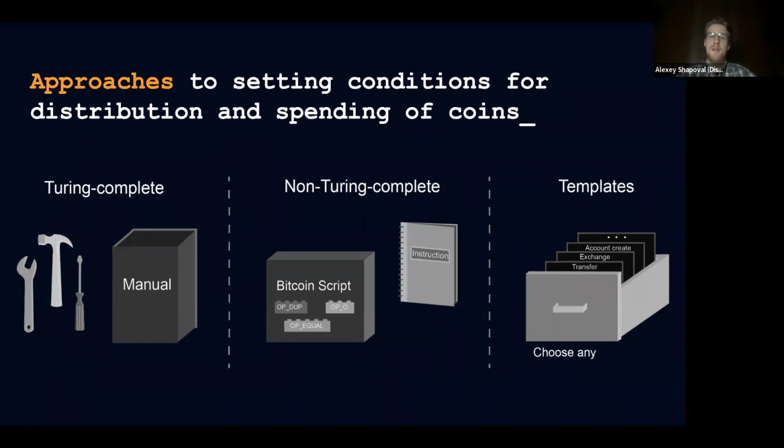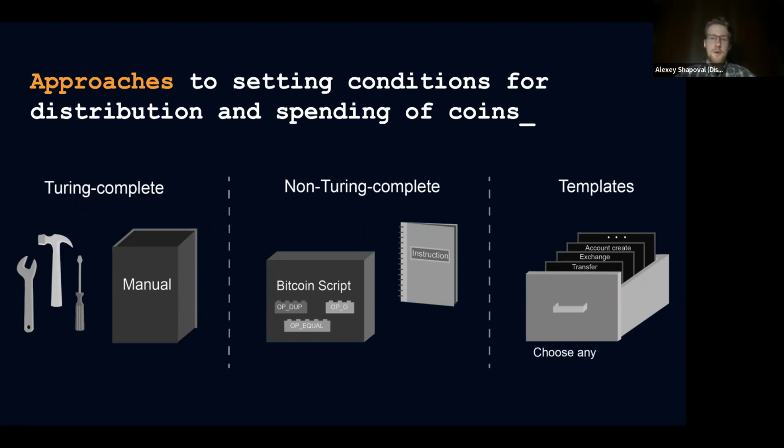You can implement them with the Turing complete programming language. And as you see from the slide, it is represented as a set of very basic tools and a very big manual which explains what you can do with these tools in order to achieve any goal you want.